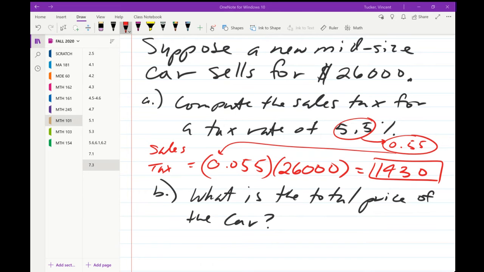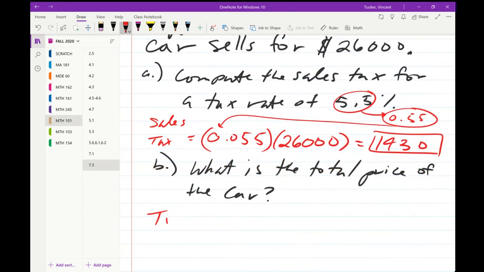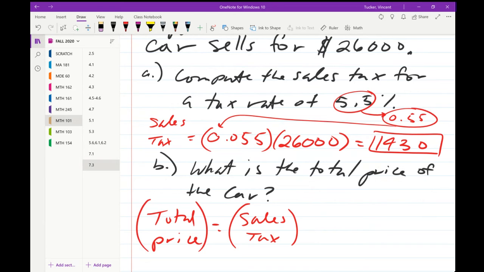All right. So let's go back to the problem. So that's the sales tax, 1430. What's the total price of the car? So let's say total price would be sales tax plus cost of merchandise. Isn't that what we labeled it?